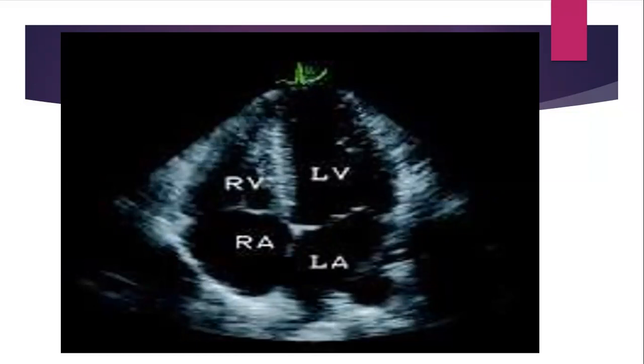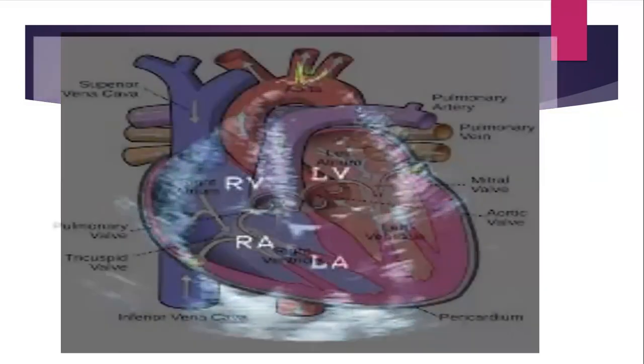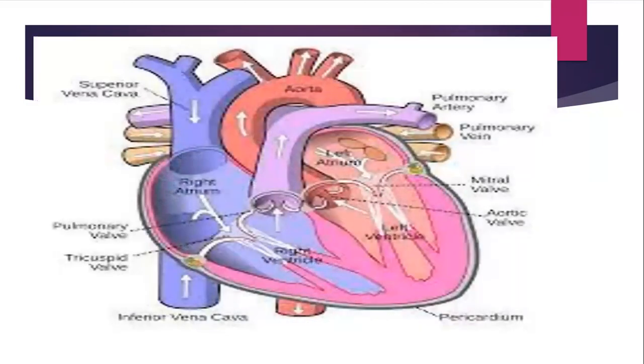The right atrium and left ventricle are communicating. There is also a dilatation of the left ventricle. So that is how the blood flows in this heart.